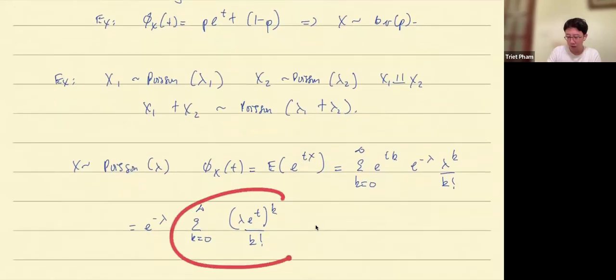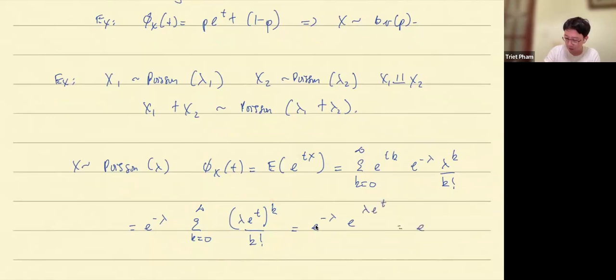And this sum is the Taylor series of the exponential. So that's going to be like that. Okay. So that's the moment-generating function of a Poisson random variable.